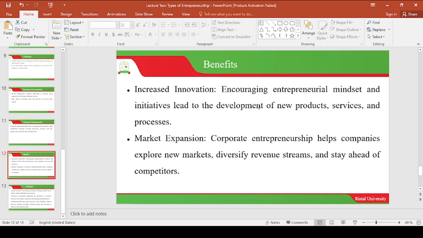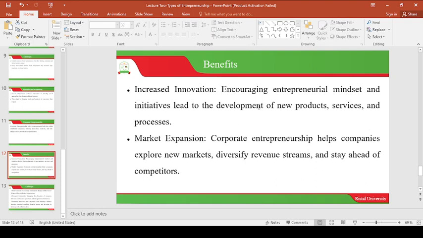Another benefit is market expansion. Corporate entrepreneurship helps companies explore new markets, diversify revenue streams, and stay ahead of their competitors. For example, Bristol University began by, I think, only 2 or 3 academic programs, but as we speak now, we have very many academic programs, and this has helped us to have a good number of students across all the programs.